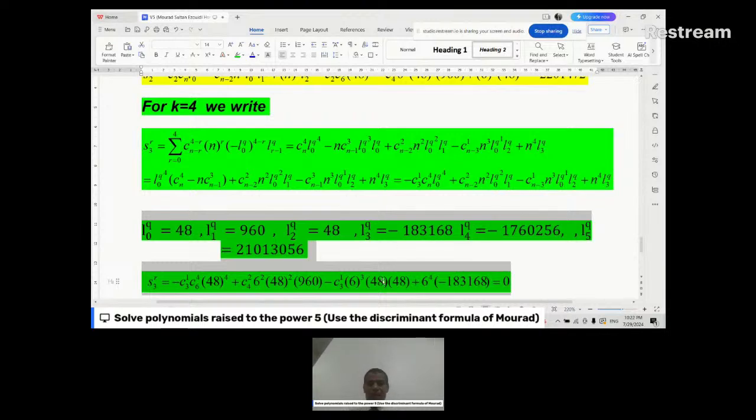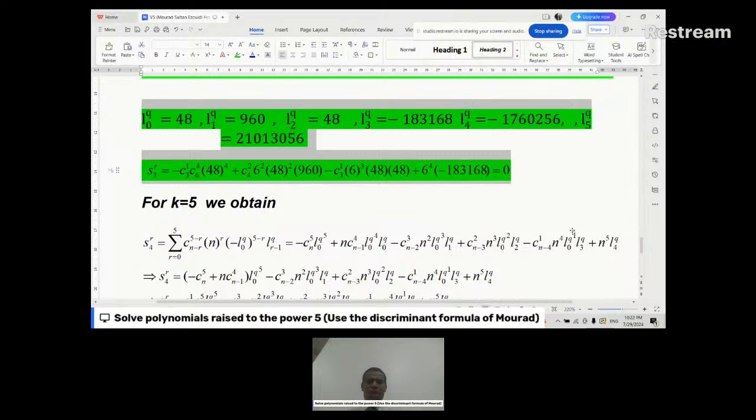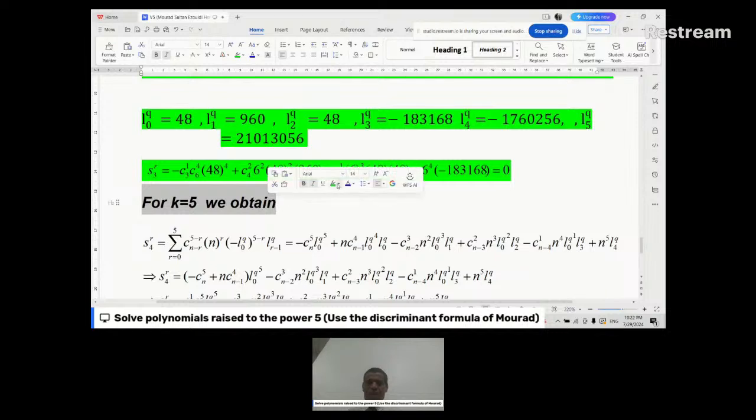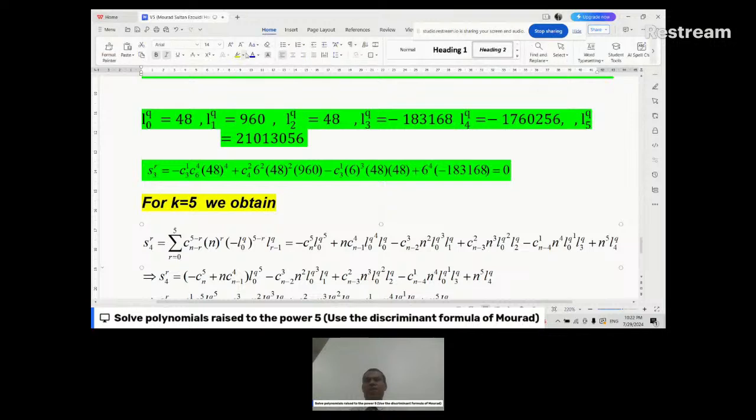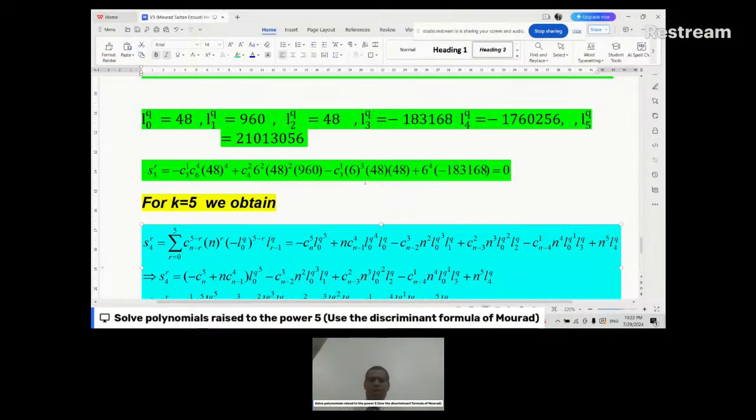I'll make my calculation here. If you apply this one, you will get S3 equal to 0. Just I will proceed. Now you should find the value of S4, learners. You can calculate, or I will calculate in front of you.